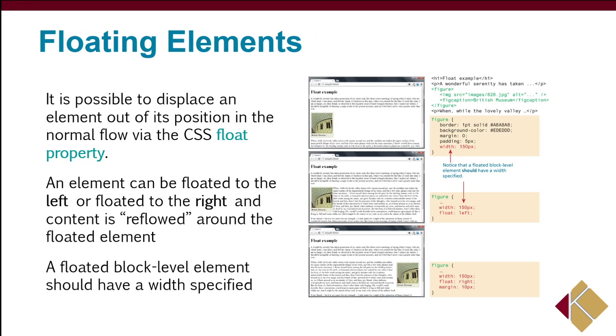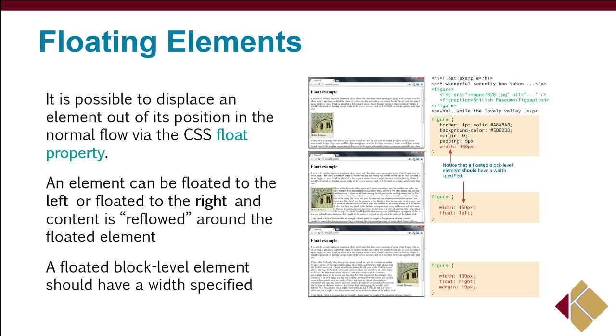So here is float. A floating element is taking an element out of its normal position and then reflowing it in a new position. You can either float left or float right, and then the rest of the content flows in around it.